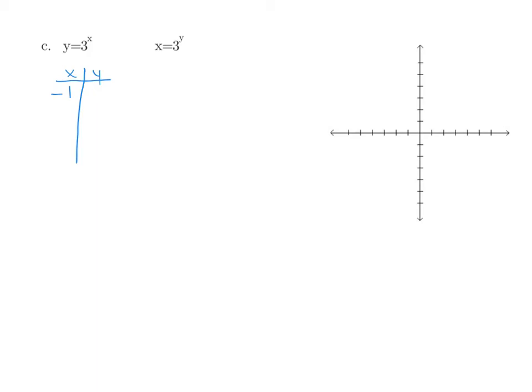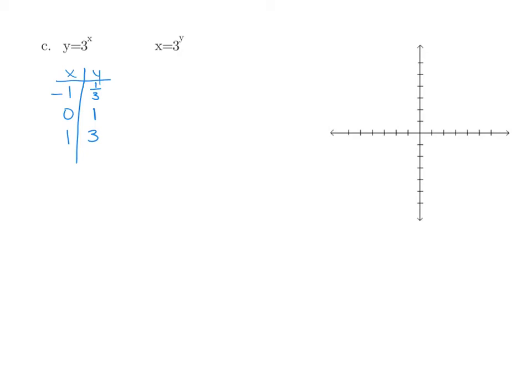Again, I'm going to work with -1, 0, and 1. 3 to the -1 is the reciprocal of 3, so we get 1/3. 3 to the 0 is 1, and 3 to the 1 is 3.